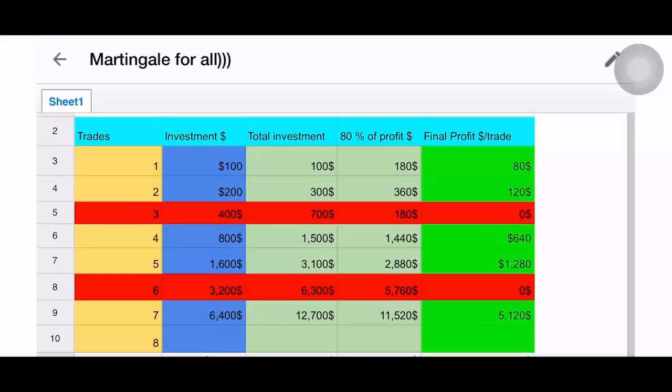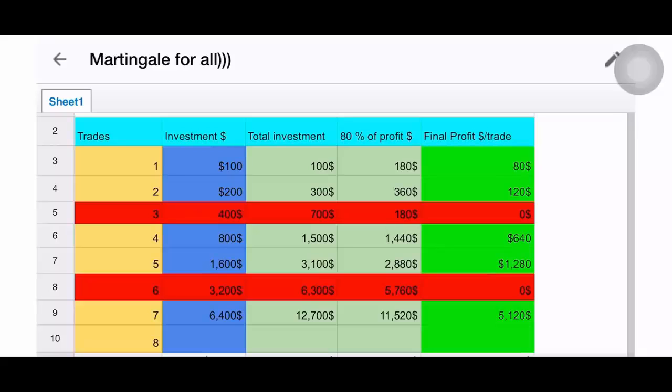Now the third trade, where I opened, doubling the second trade, is a $400 investment. Total investment is $700, and when I make a profit of 80%, I am supposed to get some amount which is more than 400, or we can calculate it this way.